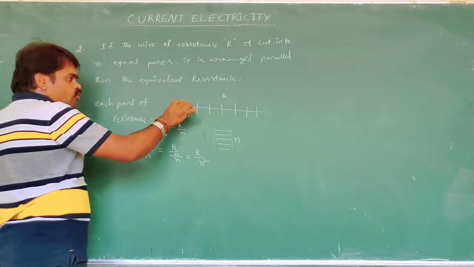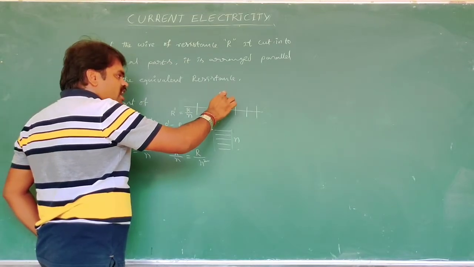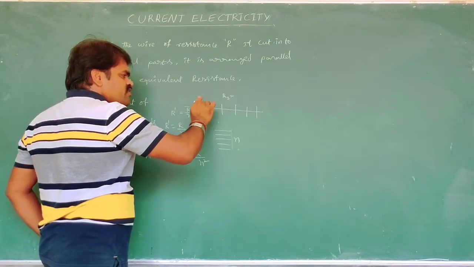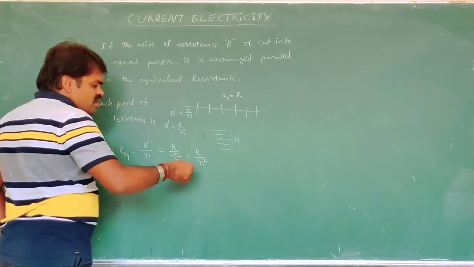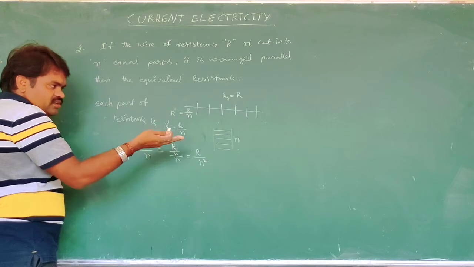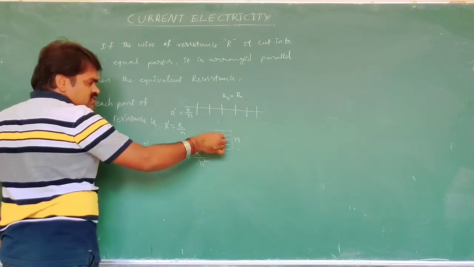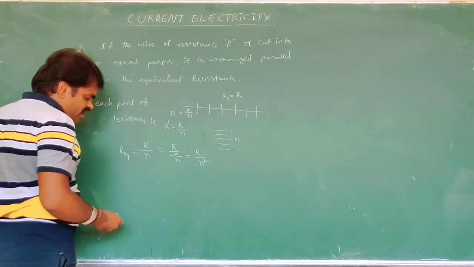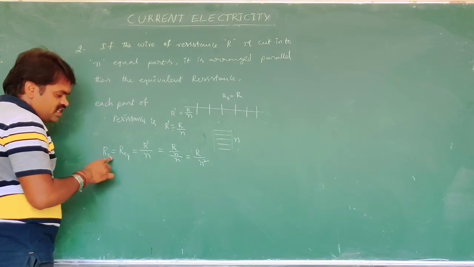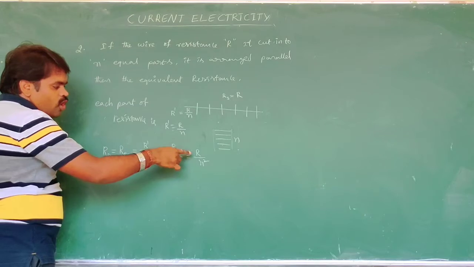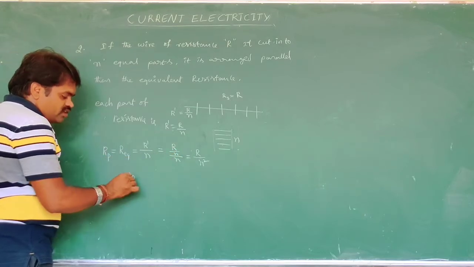The wire of resistance R, with its n parts, is in series, but when the n equal parts are arranged in parallel, the parallel equivalent resistance Rp is equal to R by n square.